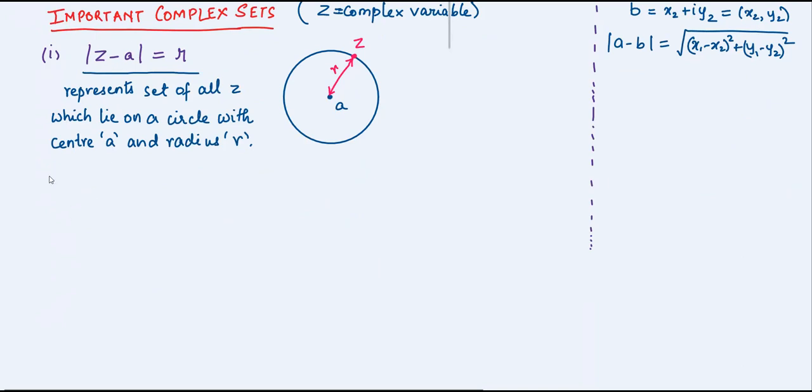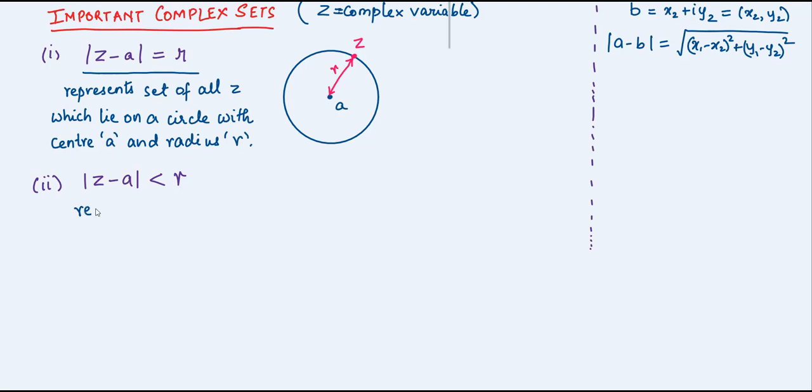Next. So now, what will this represent? Modulus of Z minus A less than R. What will this represent? This will represent the region within the circle.